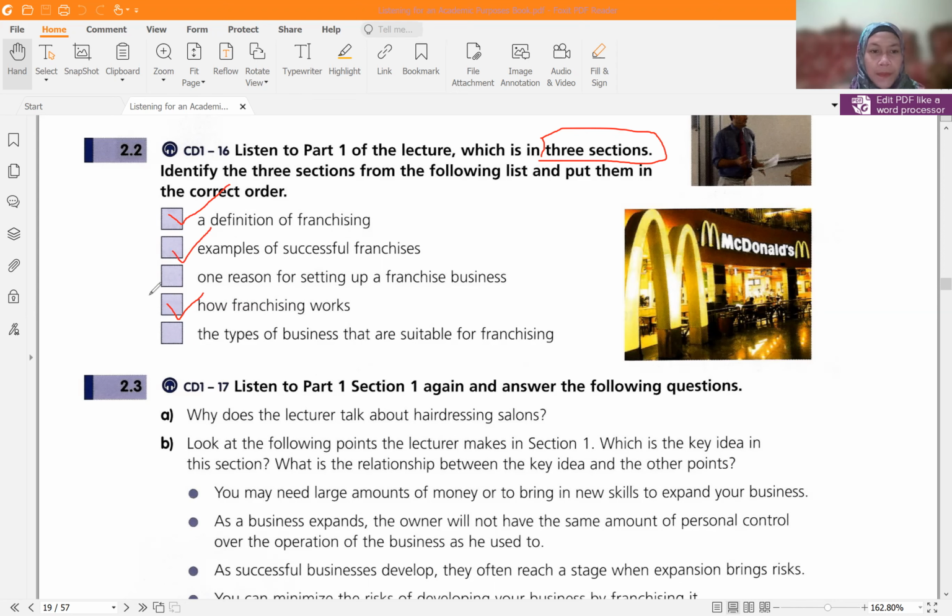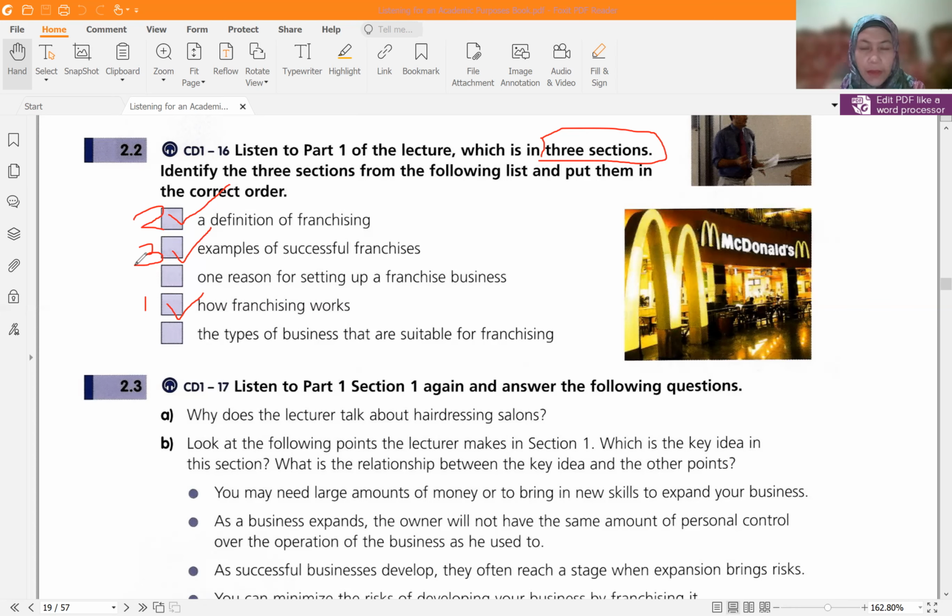So if we put them in order, this is one, and this is two, and this is the third. Okay, this answer may or may not be true, but you can confirm later on by listening to the audio one more time, by going back to the previous video. Ya, jadi nanti kalian bisa tarik kembali videonya dan kemudian play the audio one more time.